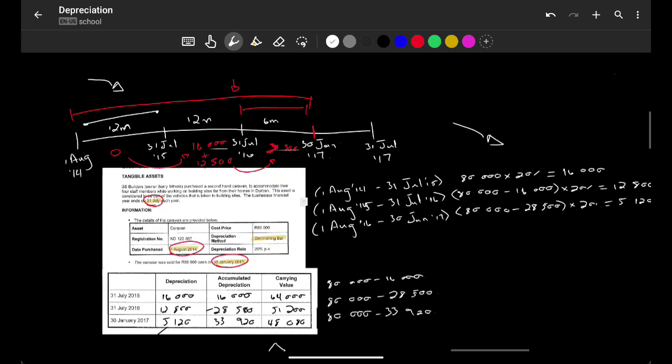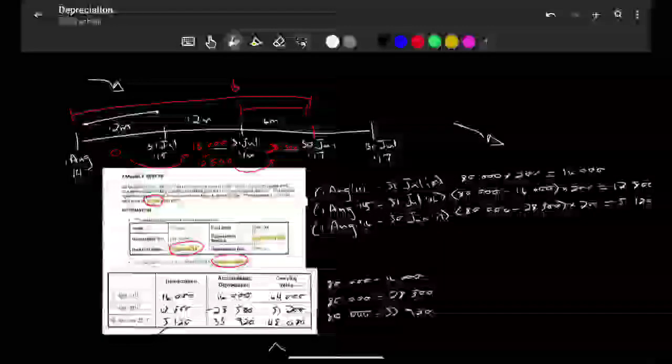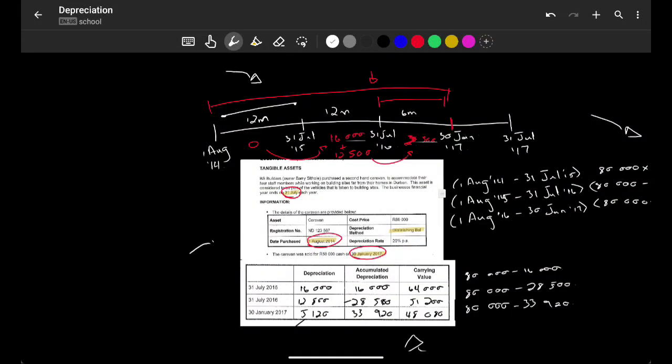If you don't understand this, do it again. If you do, you should be able to tackle a question on asset disposal. So you can just use this one and fill in your ledger on asset disposal. Just AD there, asset disposal.